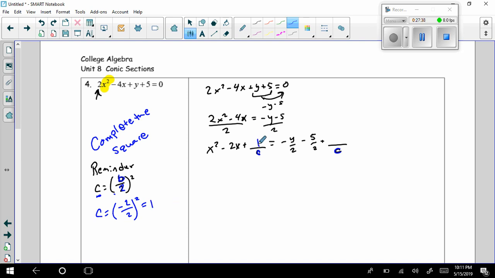So we're going to add 1 to both sides. And remember, the reason that we do this is that this will now factor into x minus 1 squared. If you don't know how I got from there to there, please refer to your previous notes on completing the square.